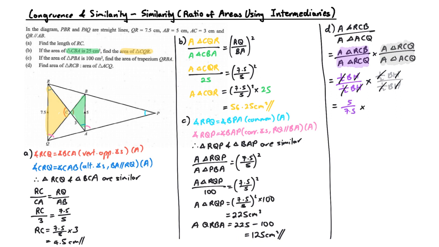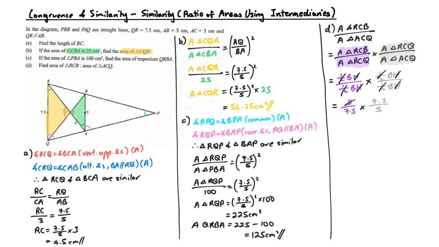Then multiply by the next one, which is RCQ over ACQ, also one where the scale factor is 5 over 7.5, but this time in the opposite direction.